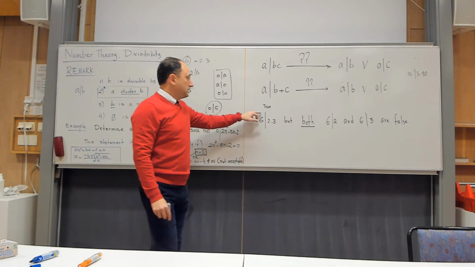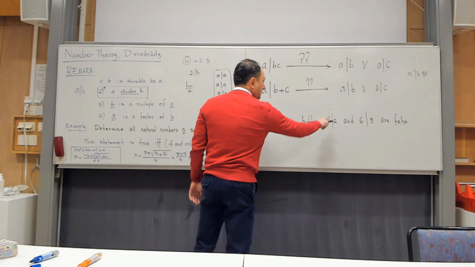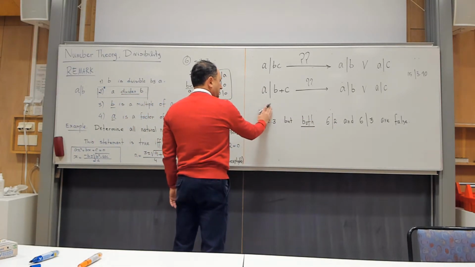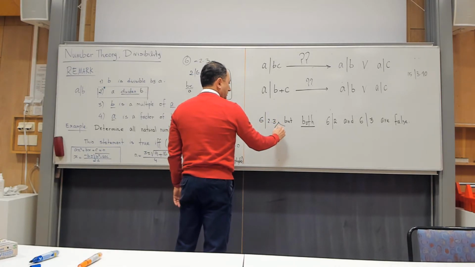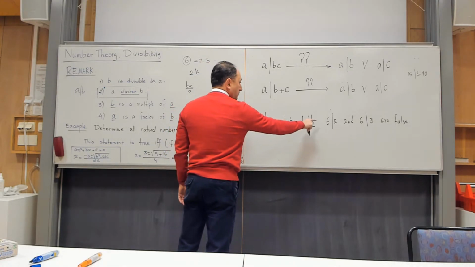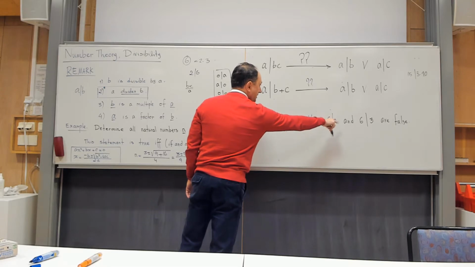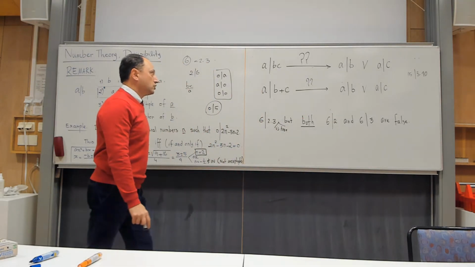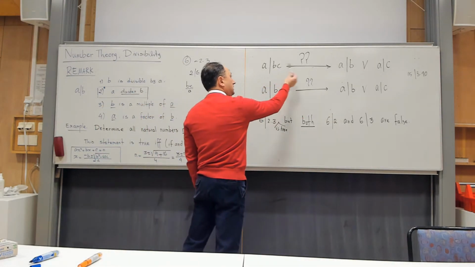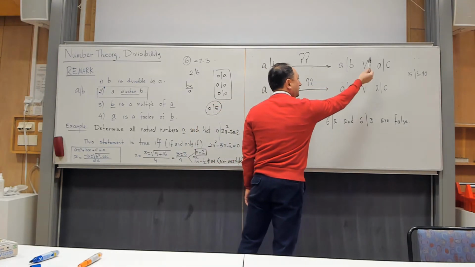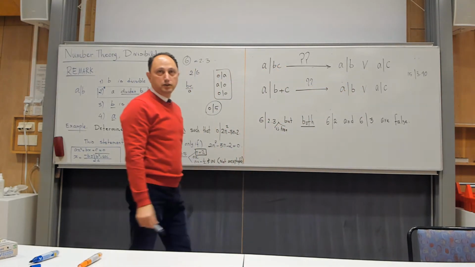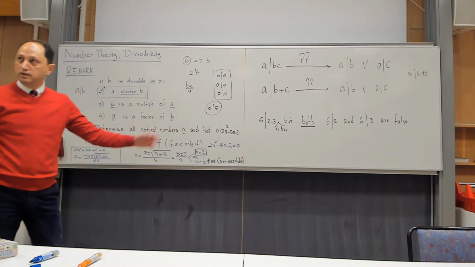So this is true, but both of these are false. So let me write, this is true, but both this and that are false. So if you tell me that from here I can conclude either one of them is true, you see it is not working because both of them are false in this case.